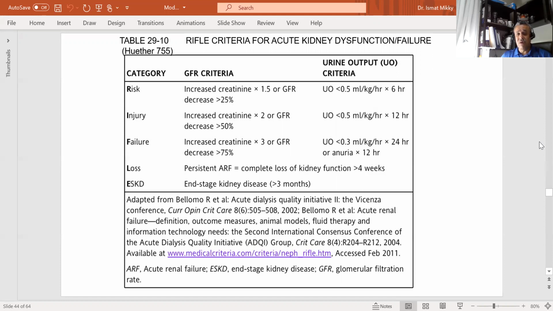End-stage renal disease is when the GFR is less than 15 mLs per minute. This classification is based on two main criteria: the GFR and the urine output. You don't have to know these specific numbers, but at least know that the last stage is end-stage renal disease, when the GFR is extremely low.